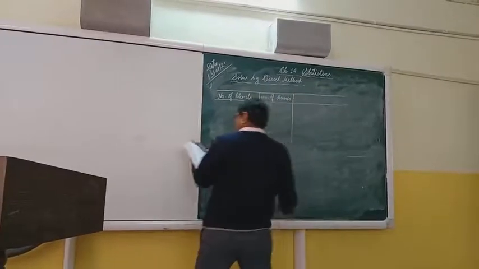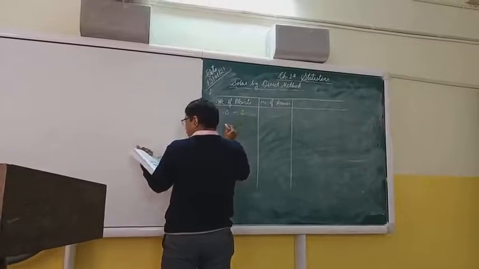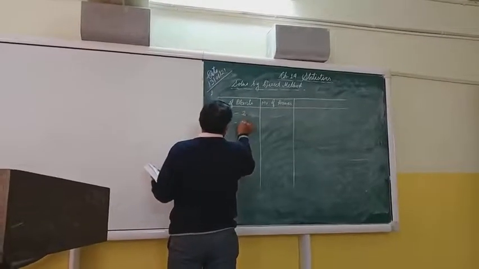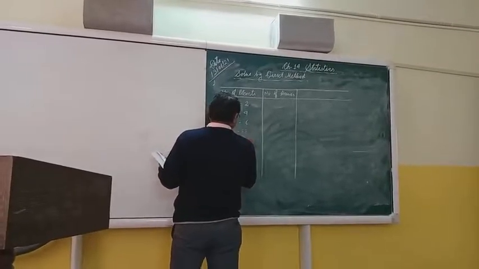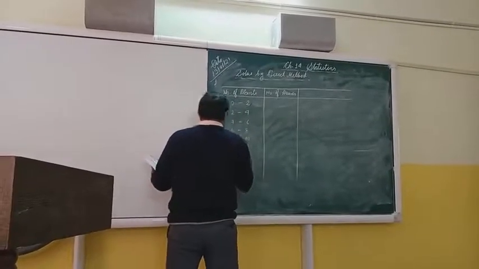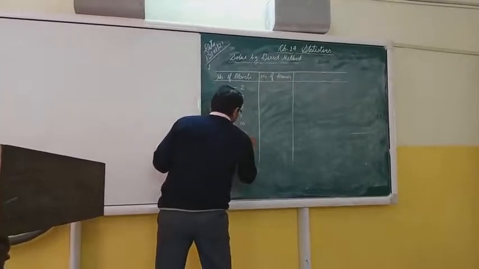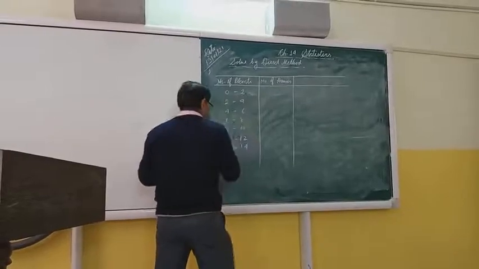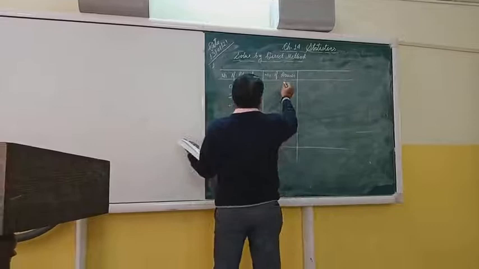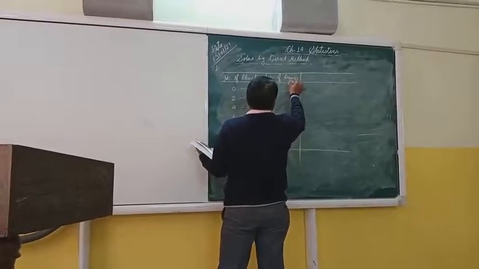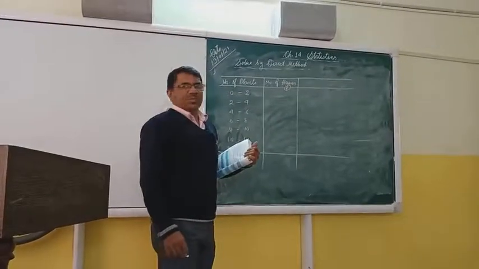See, the first class is given here, 0 to 2, 2 to 4, 4 to 6, 6 to 8, 8 to 10, 10 to 12, and 12 to 14. Now the frequency, the number of houses, is given here. So this is the class interval and this is the frequency.